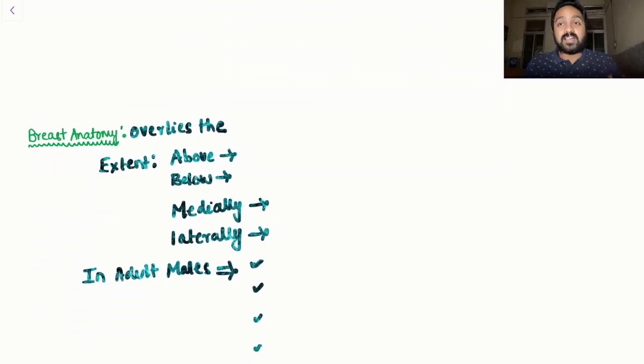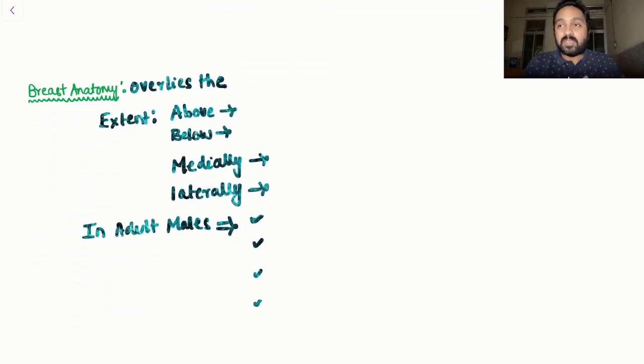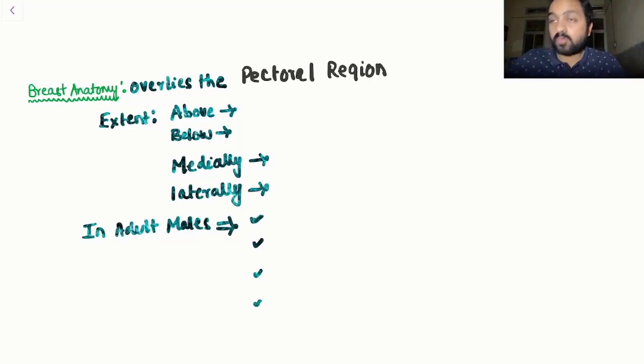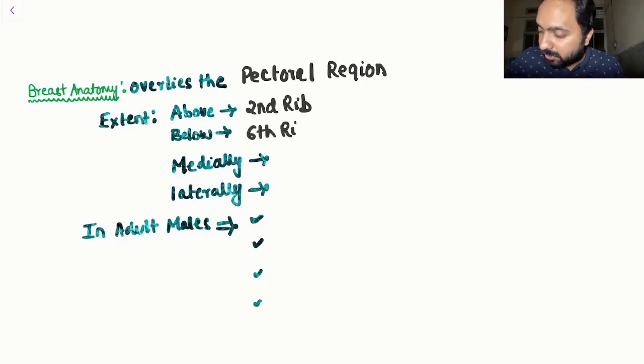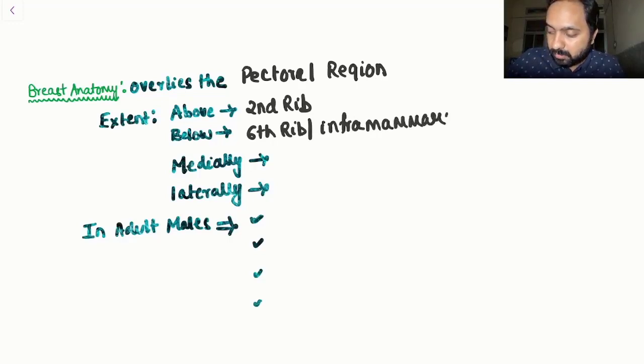So first, regarding your breast anatomy. Now it overlies the pectoral region. So what is the extent of the breast? Above, it extends up till the second rib, then below up till the sixth rib or your inframammary crease.